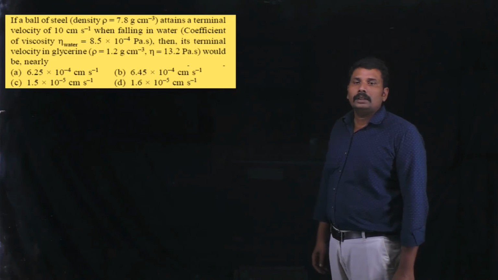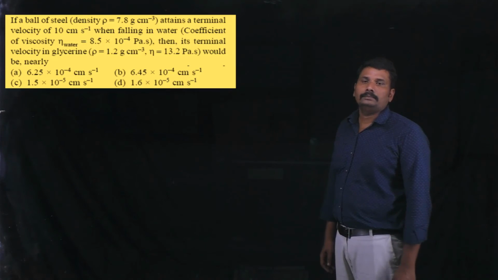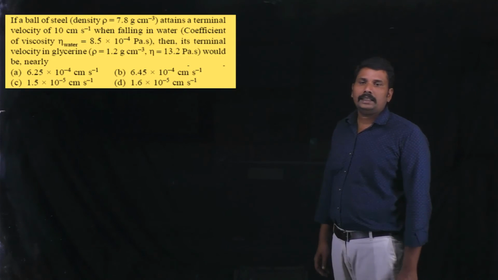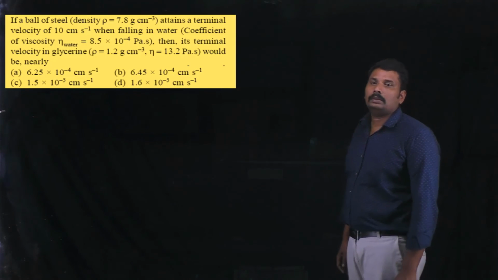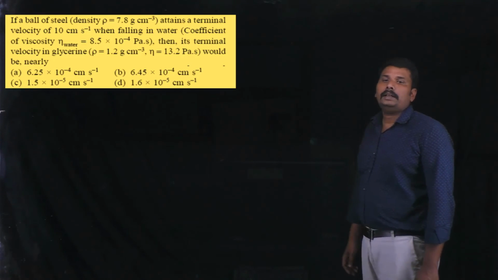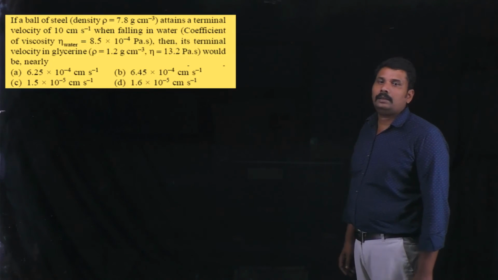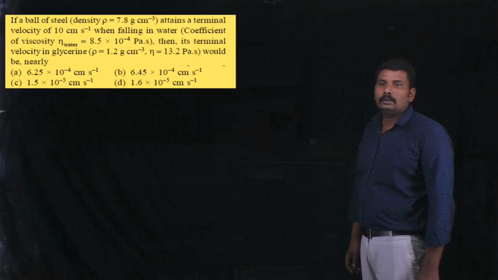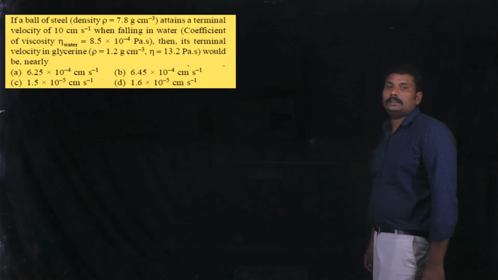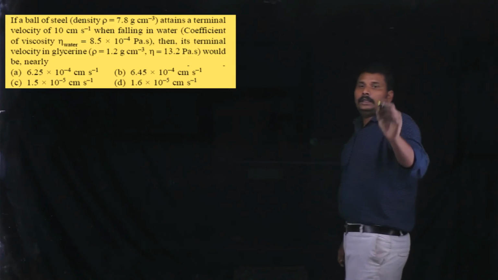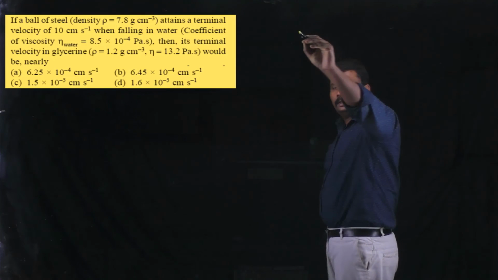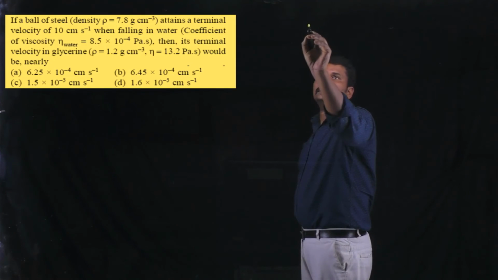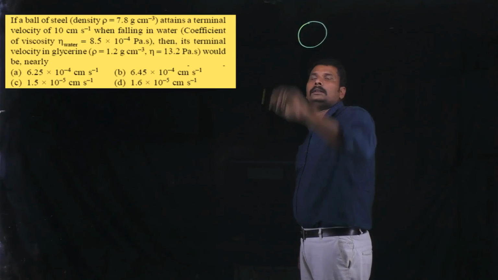Now, its terminal velocity in glycerin, density of glycerin is 1.2 gram per centimeter cube and its coefficient of viscosity is 13.2 Pascal second, would be nearly. In this question, a steel ball attains terminal velocity. This is a steel ball.